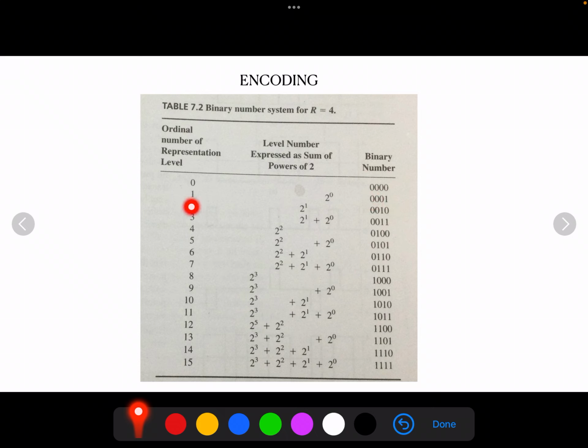The next number is 1, which is 2 power 0, and 2 power 0 is 1. So it is 0, 0, 0, 1.